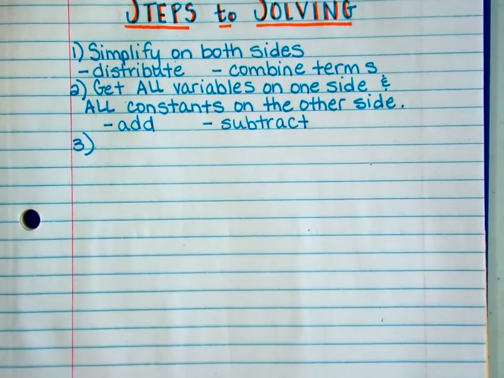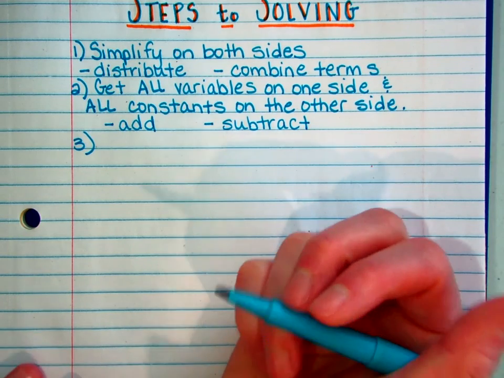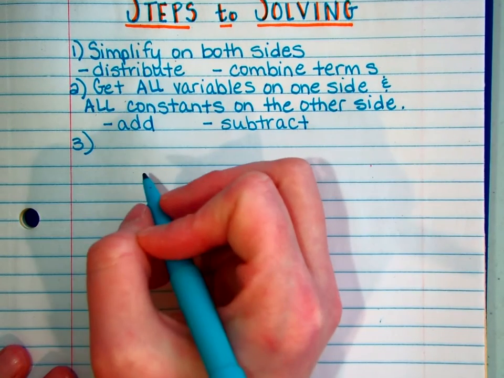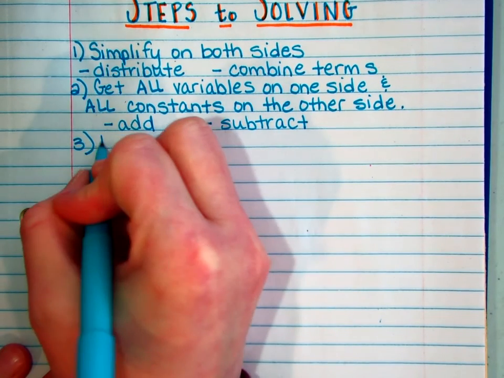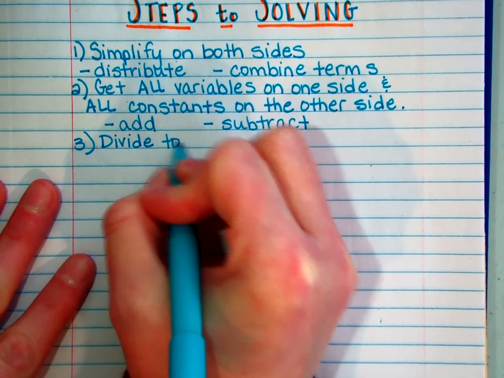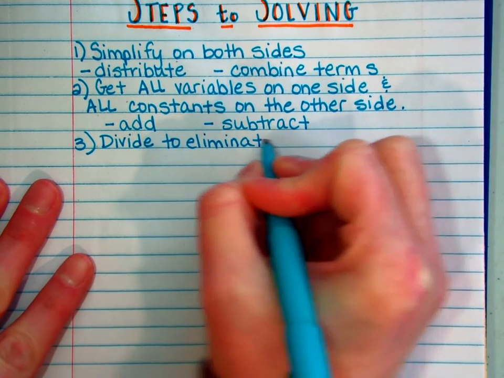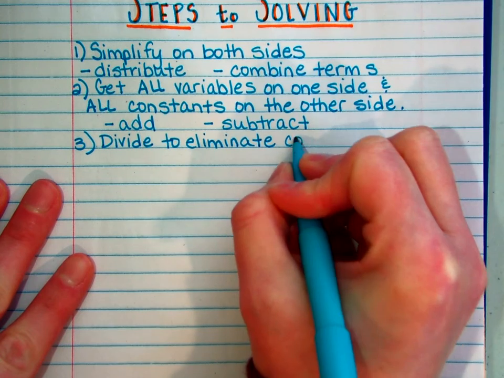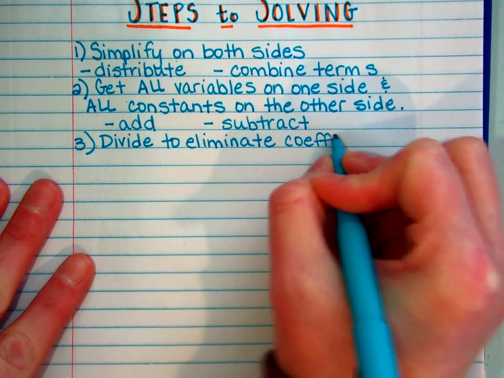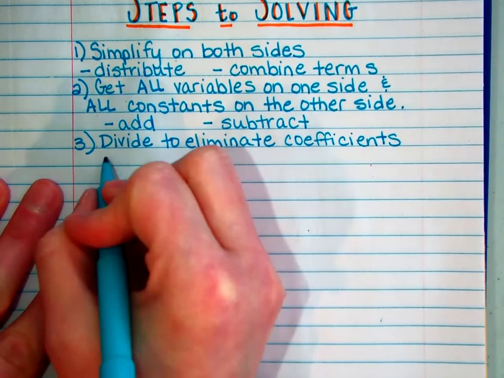Then you have step 3. I'm going to slide that up a little bit. Step 3, you will divide to eliminate coefficients, or you'll multiply to eliminate denominators. So divide to eliminate coefficients, and that's the one we use most often.